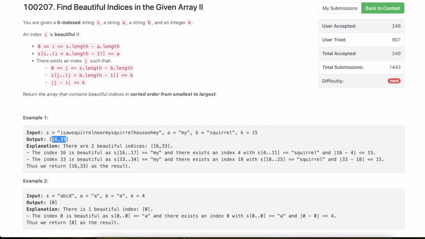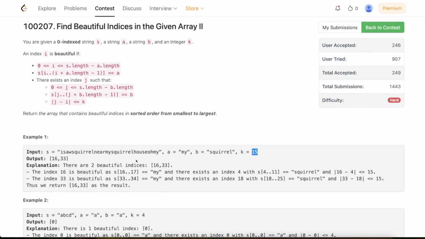So the first index that is beautiful is 16. Similarly, any of these can't be beautiful, right? Because they are not m. So for this to be beautiful, there should be exact a here, but there is no a here. So this can be beautiful, and this is indeed beautiful. You can see that there is a squirrel before it, and the difference between the indexes is less than or equal to 15, right? So hope the problem is clear.